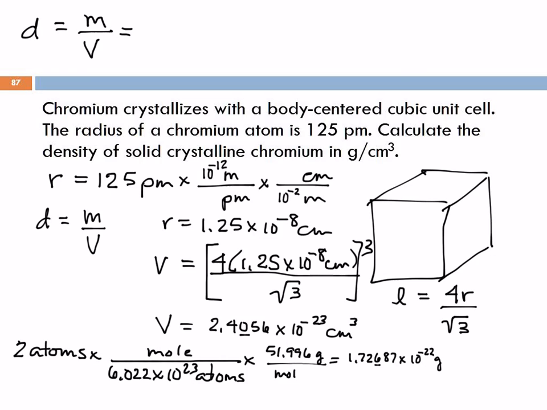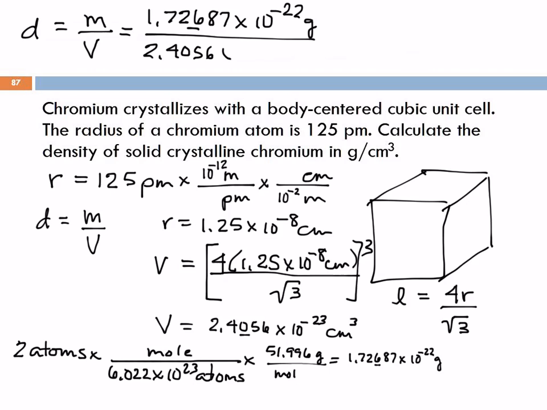The mass is 1.72687 times 10 to the minus 22 grams. Volume of 2.4056 times 10 to the minus 23rd cubic centimeters.